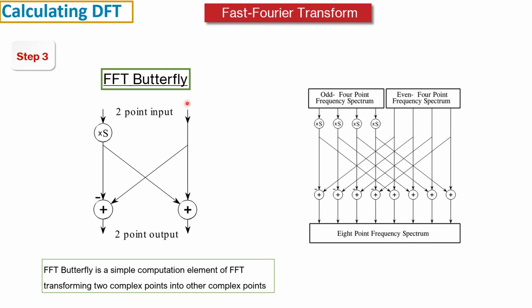So 2 points, one is the even, one is the odd one. The even one does not multiply with the sinusoid, odd one multiplies with the sinusoid and then duplicated. So the even one without multiplication with the sinusoid is duplicated and then both are added together and give us 2 points, okay. So this is how it is graphically represented.